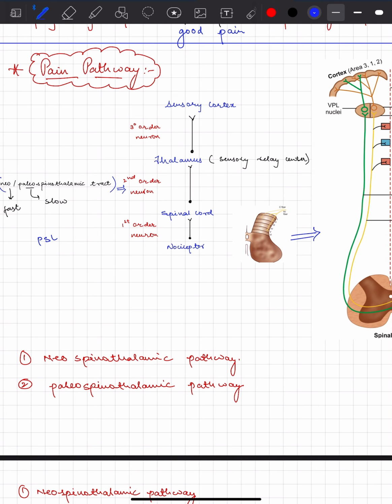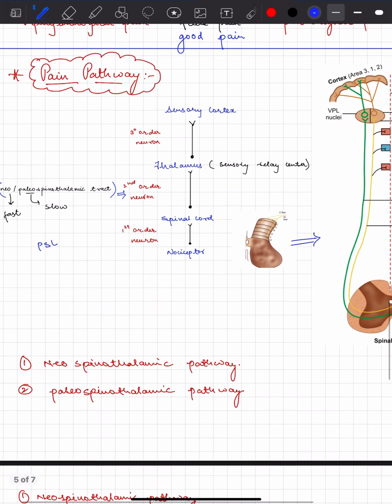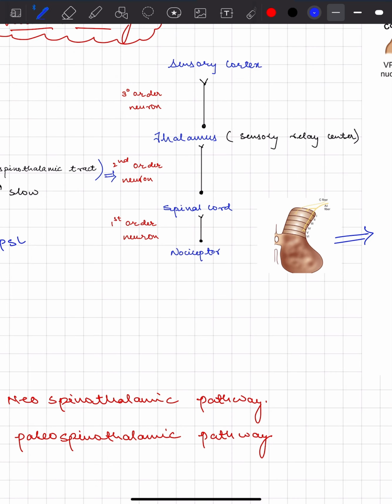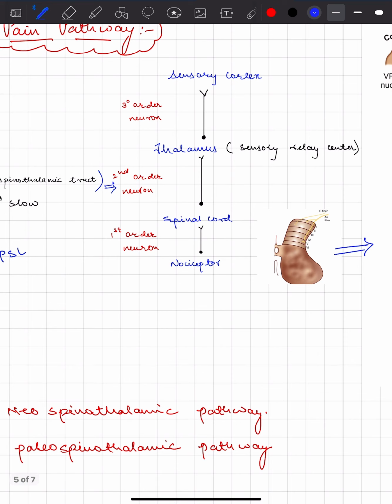Pain is a sensation that is carried from the peripheral part to the central part, that is, peripheral nerves carry it to the central nervous system. So it has the following components: nociceptors, spinal cord, thalamus and the sensory cortex.